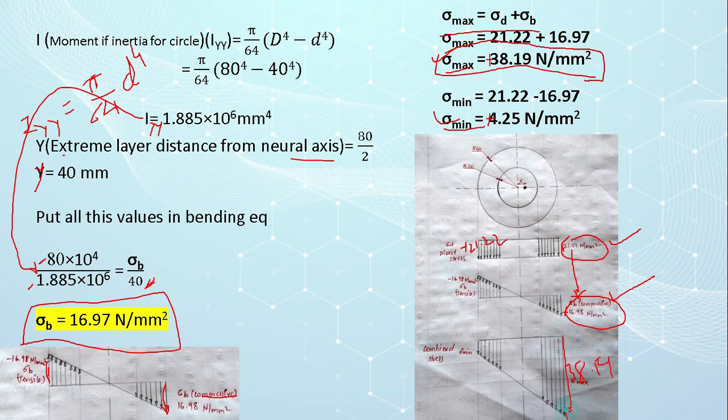And this value 21.22 plus this value gives plus 4.25 Newton per mm square, and this is the minimum stress in the hollow pipe.